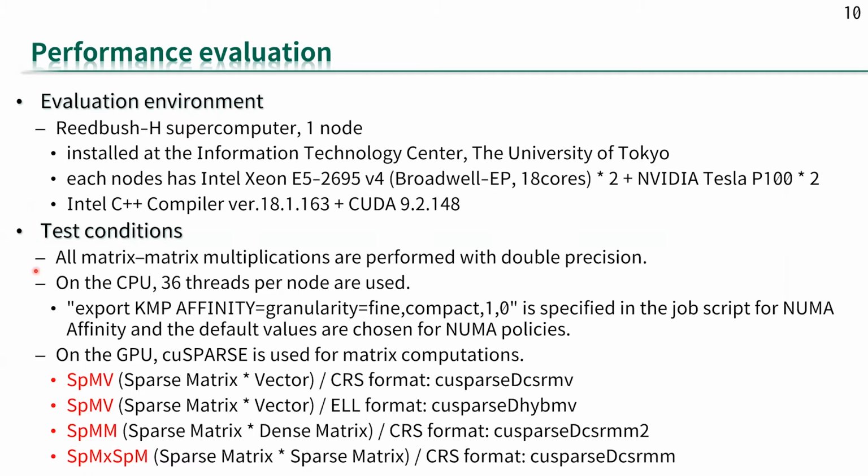In this evaluation, all matrix multiplications are performed with double precision. We used one computation node and all 36 cores for CPU computation. On the GPU, we used the cuSPARSE library for matrix computations. Specifically, these cuSPARSE functions are used for these computations, respectively.